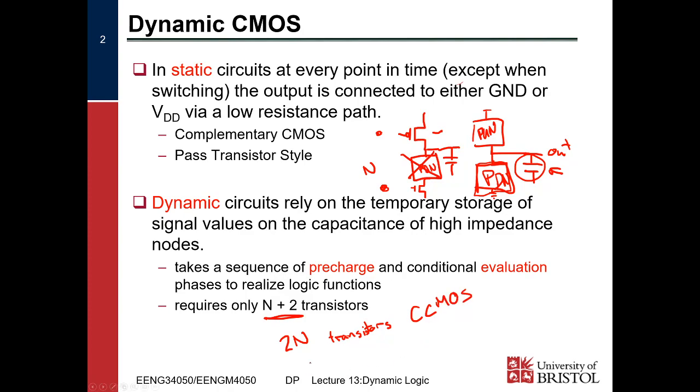Yet it will still give us a very high output voltage, unlike our pass transistor logic, which only requires N minus 1 or mostly sometimes it needs a few more. So somewhere in the order of N transistors for our pass transistor logic, right?